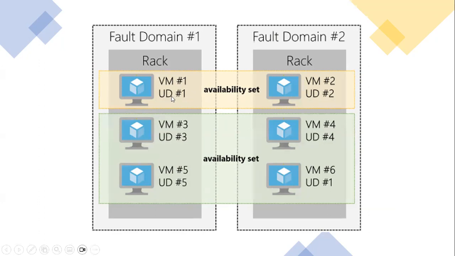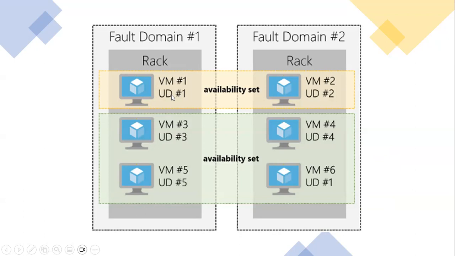Update domain means, if you have created 5 virtual machines in the availability set, then they are divided into some update domains. Whenever there is an update for those virtual machines, all the machines inside that update domain will get updated, and they will have a maintenance time of 30 minutes.